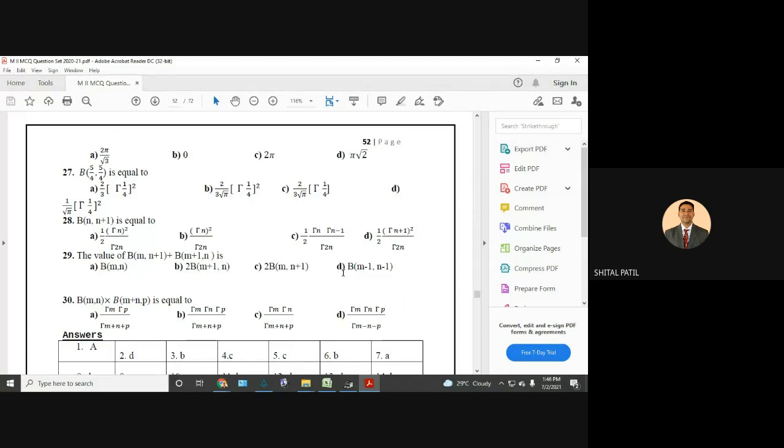Division A, roll number 1. Absent. 2. Absent. 3.